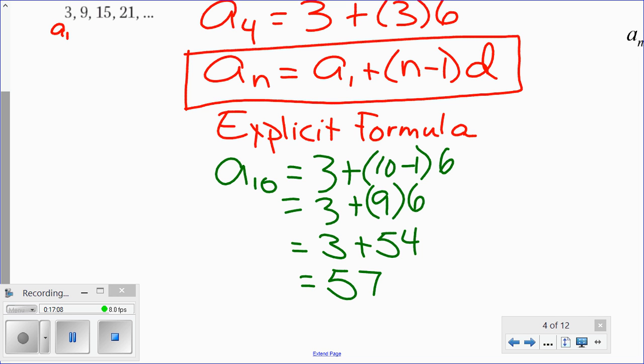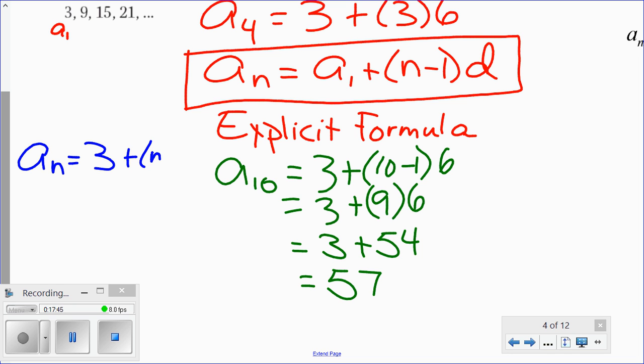Now, let's look at this. This is kind of a goofy looking formula, right? So let's see if we can kind of clean this up a little bit. Make it look like something that makes more sense to us, I guess what I'm saying. So if we go back to our formula, and we say for any a sub n, we're going to start with 3, right, in this case.